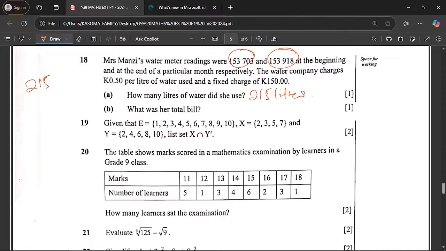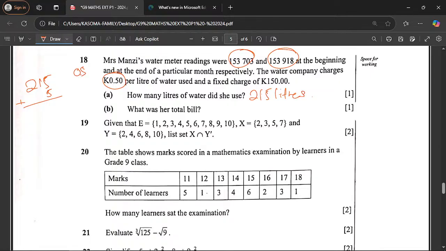I know this number has one decimal place, 0.5. So I'm going to multiply by 5, and remember the answer should have one decimal place. That's the easiest way. I'll ignore the decimal point so that it doesn't confuse me.